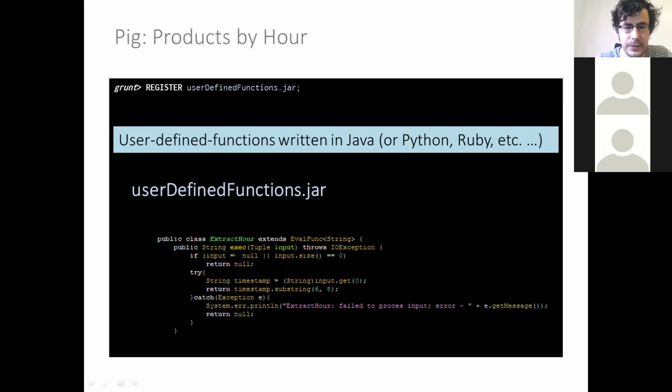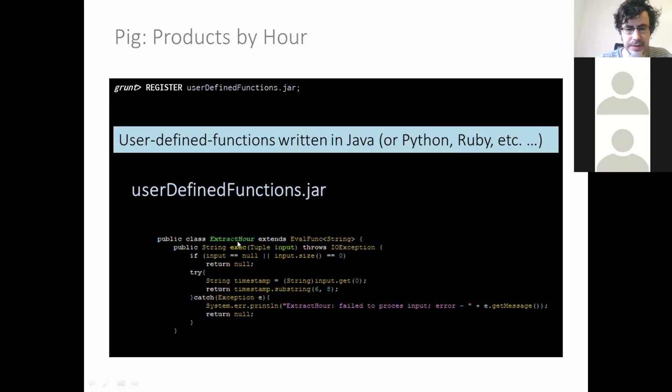Within that, you have this exec function, which receives a tuple, which is a row of the table, and in this case, it will return a string. Based on this input, you do whatever processing you want, and you return a value of this type.